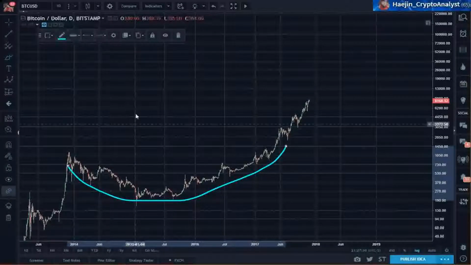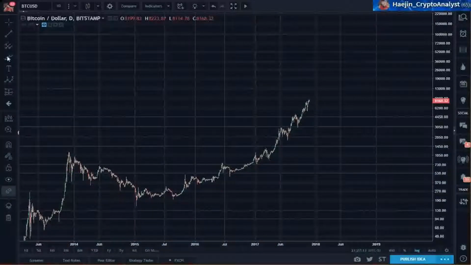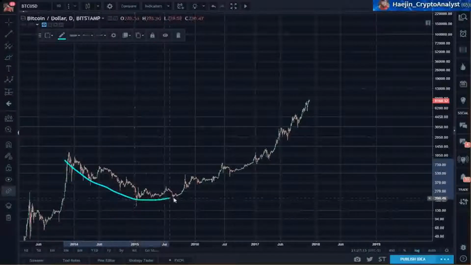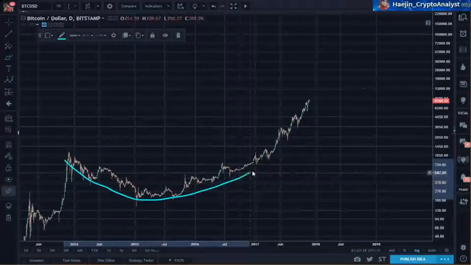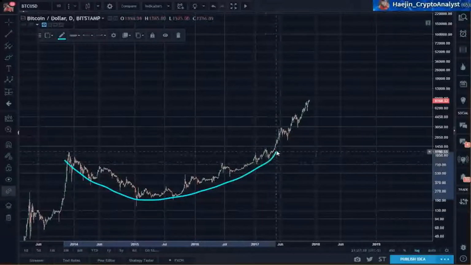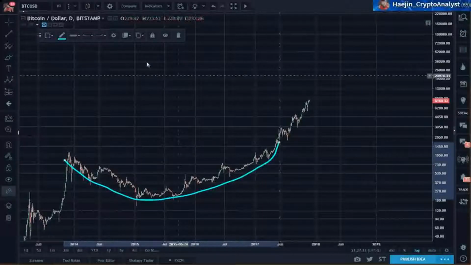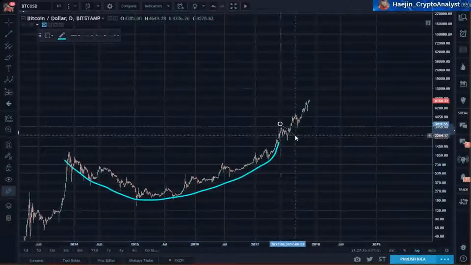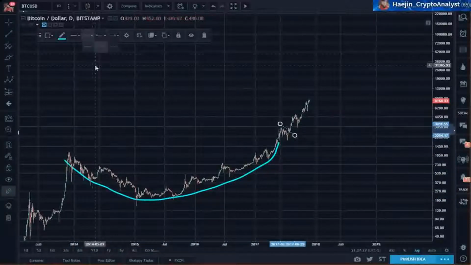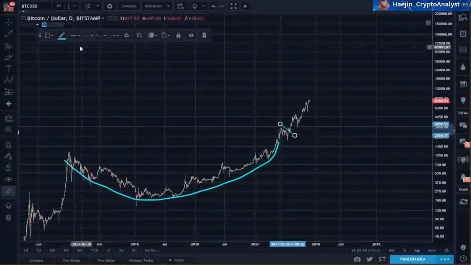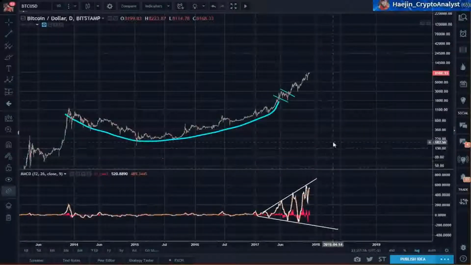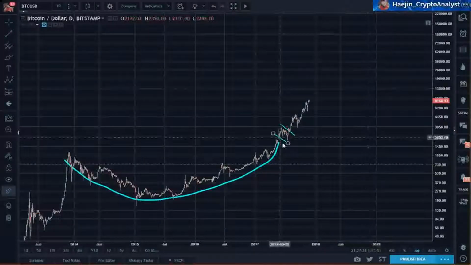Let me redraw this one more time. I could kind of say that it does have a bit of a handle. Maybe there was a handle here, a small handle.